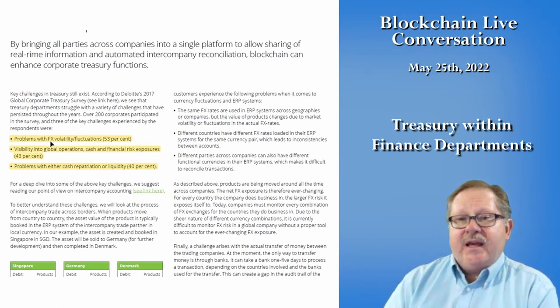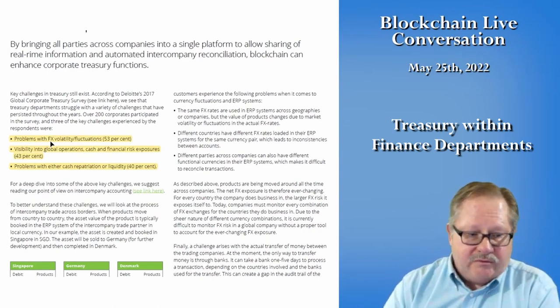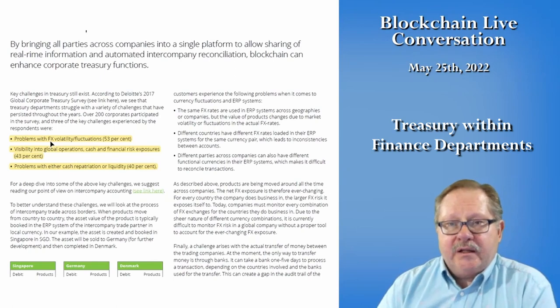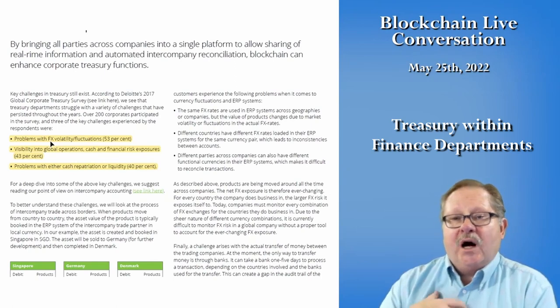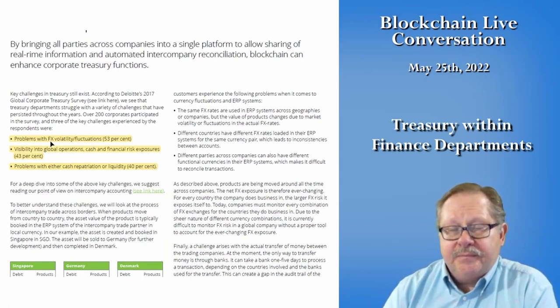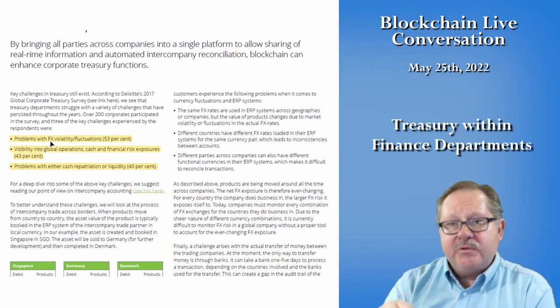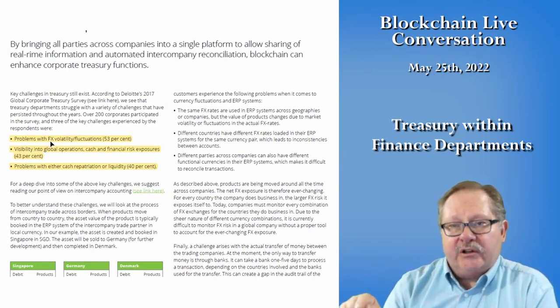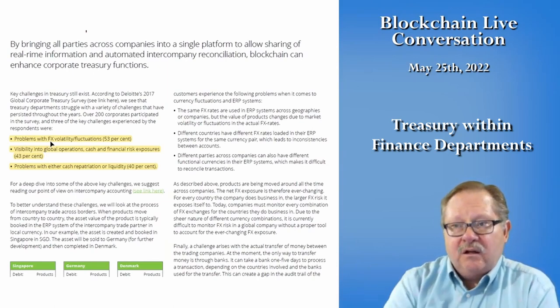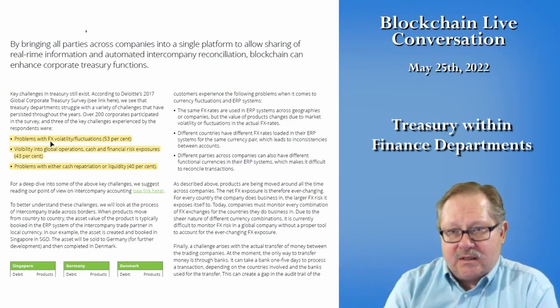Now, if there's a difference, let's say I'm on net 30 terms with our supplier in Japan, okay? So I sell them a product and in 30 days they pay the bill. How do I make sure that I'm still getting, let's say, $100 worth of yen 30 days after I've sold it to them and priced it?